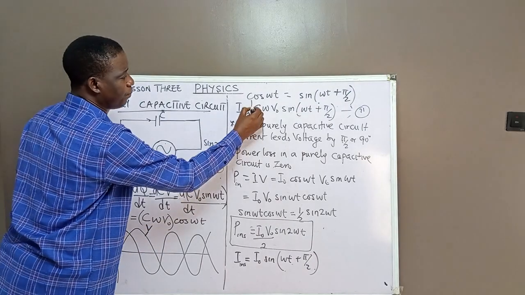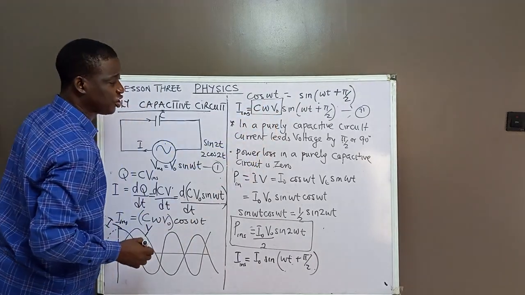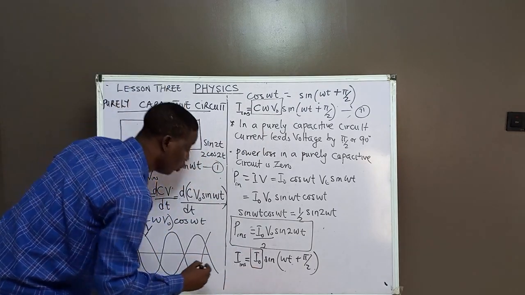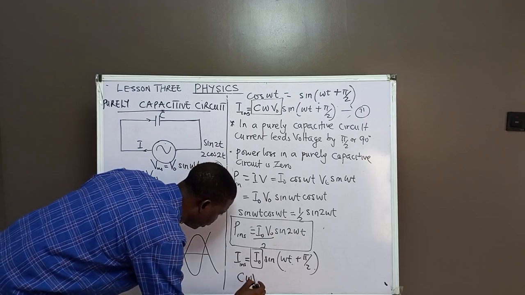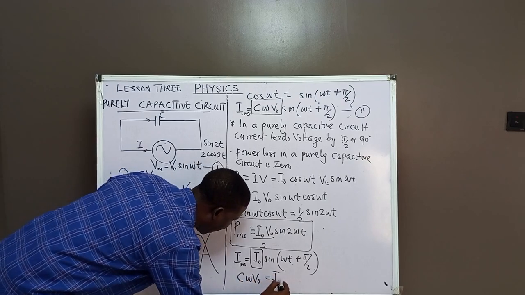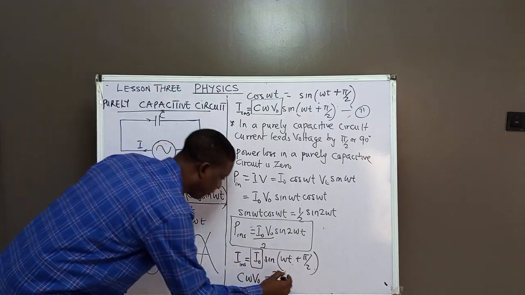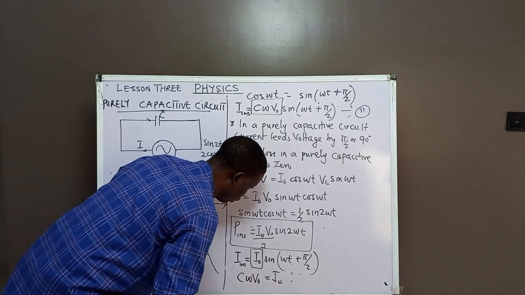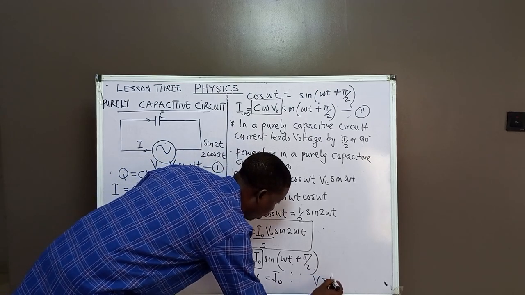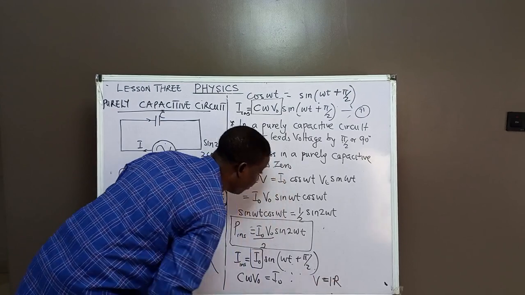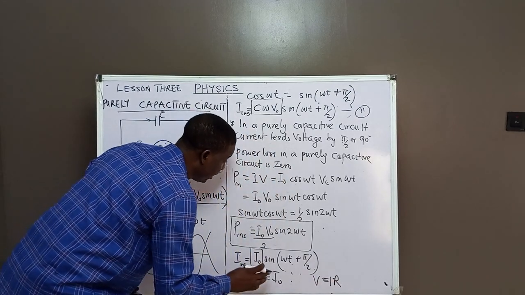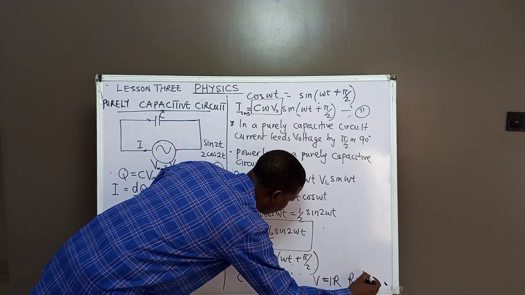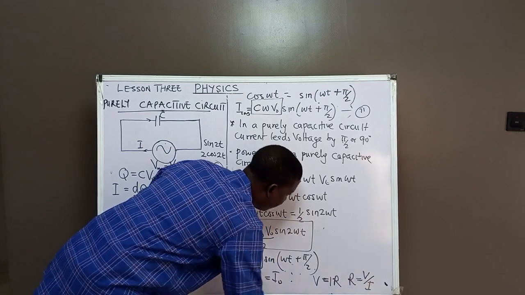If you compare, bring out the position of maximum current and equate the two of them. What do you have? You are going to have CωV naught equal to I naught. Don't forget, V equals IR in Ohm's law, so let us ensure that our resistance is equal to V over I from Ohm's law.